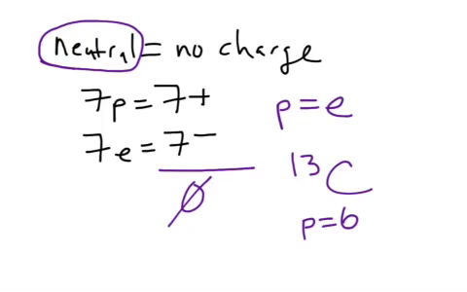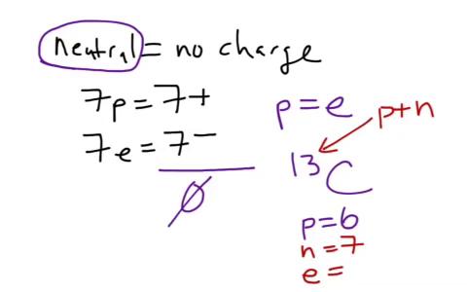And remember that the mass number is the protons plus the neutrons, which means that carbon-13 must have 7 neutrons. And then what we just talked about being a neutral atom, the number of electrons must also be 6, because the number of protons and the number of electrons must be the same if it is a neutral atom. So 6 protons, 7 neutrons, and 6 electrons for carbon-13.